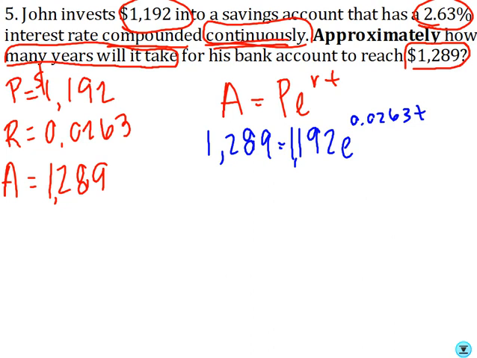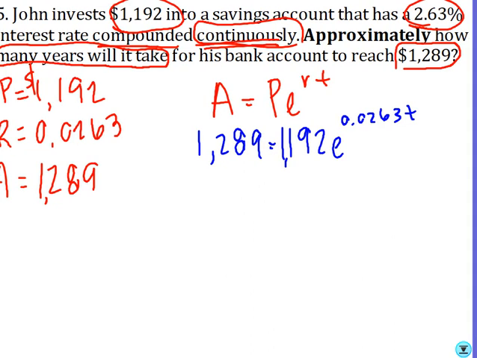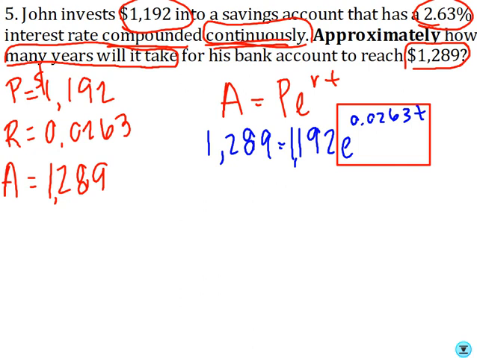I want to get my base and my power by itself first. So I'm going to divide through by this 1192. We'll see if that's a nice decimal. 1289 divided by 1192.